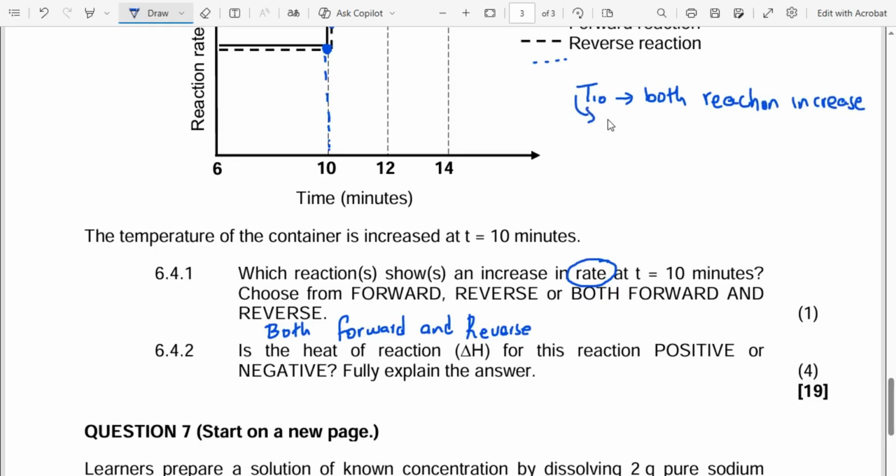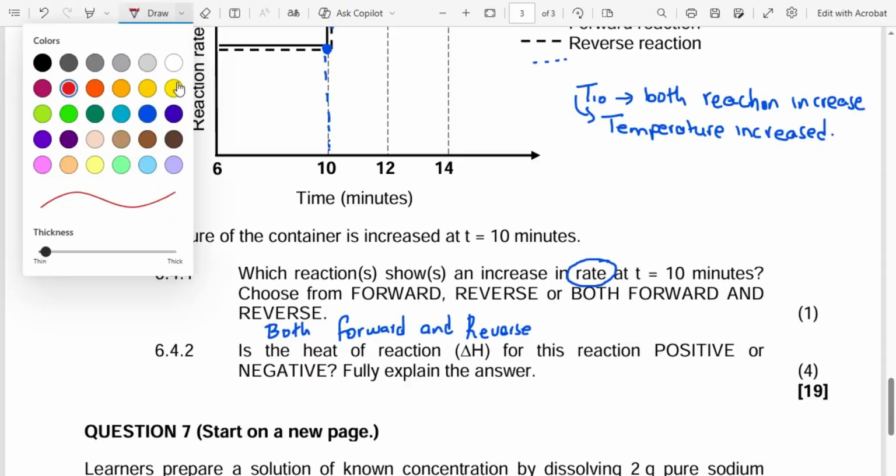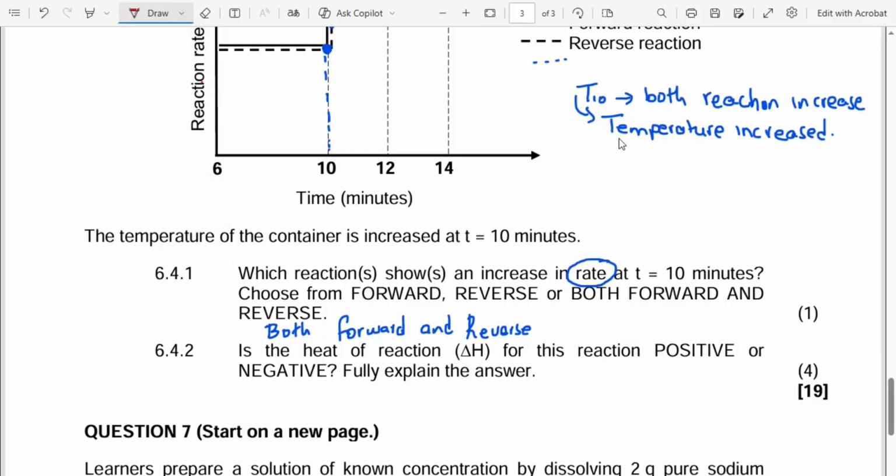Why are the reactions increasing? Because the temperature increased. So from that, we know that an increase in temperature favors what? If the temperature is increased, we're gonna favor endothermic.